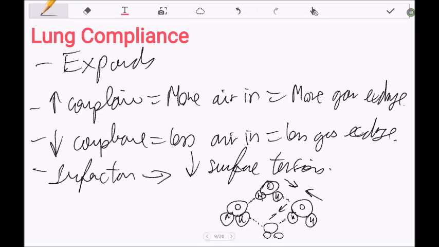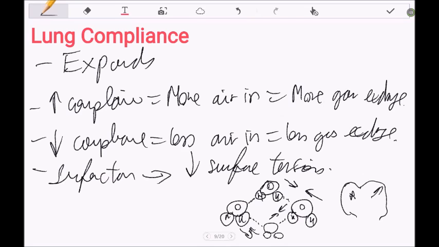And same for this one, and this one, and this one. Now, when we're trying to expand our lungs, that would not be good, because you have so much water trying to attract to each other that you will have difficulty expanding your lungs. So the lungs will not be able to expand because of this.